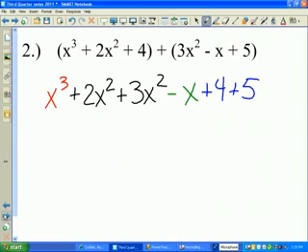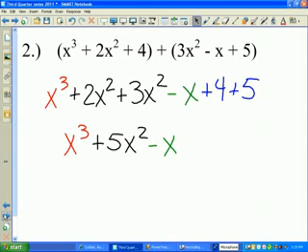So now let's simplify. So I have x cubed, because there's no other cubes up here. Then I have plus 5x squared. We're not doing anything with the exponents. Stop it. Okay? We're not doing anything with the exponents. We're just using them to help us match our like terms.